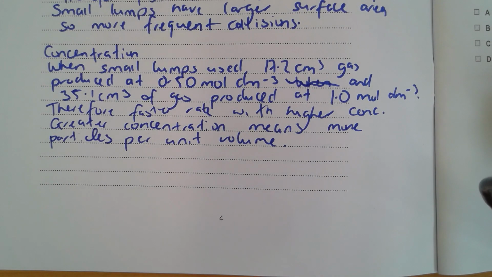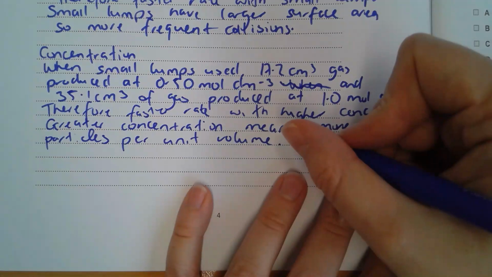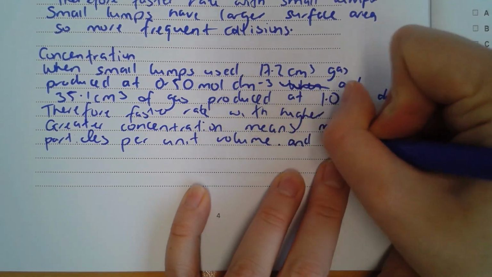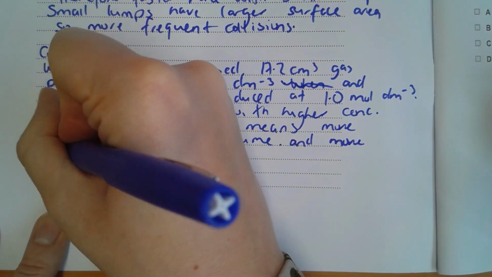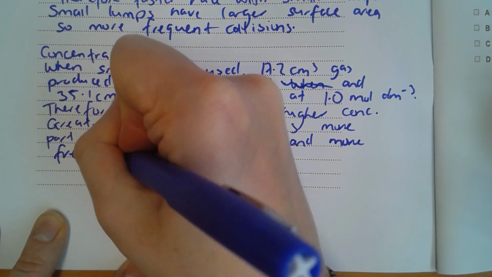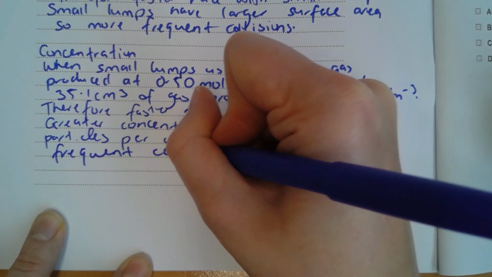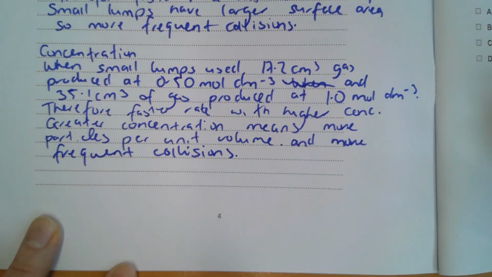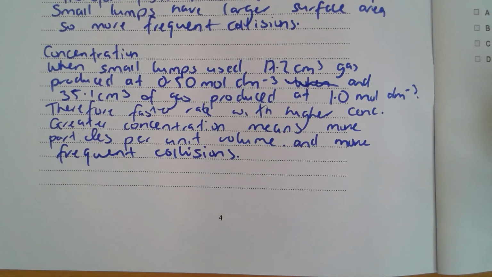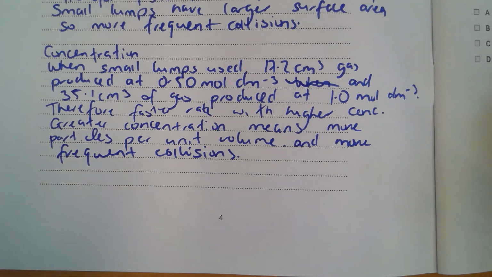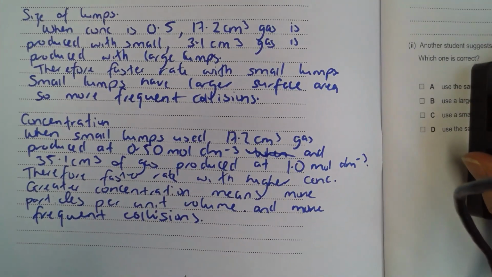So greater concentration means more particles per unit volume and more frequent collisions. Okay, if there's more particles in the space, they are more likely to collide with each other, therefore you're going to get a faster rate of reaction. Okay, so that will get you all 6 marks.